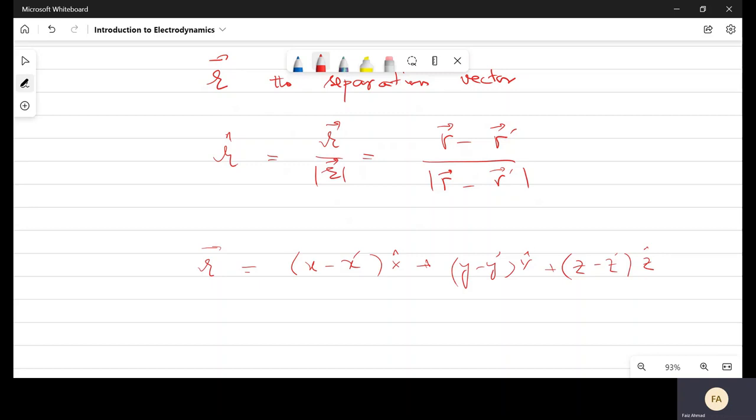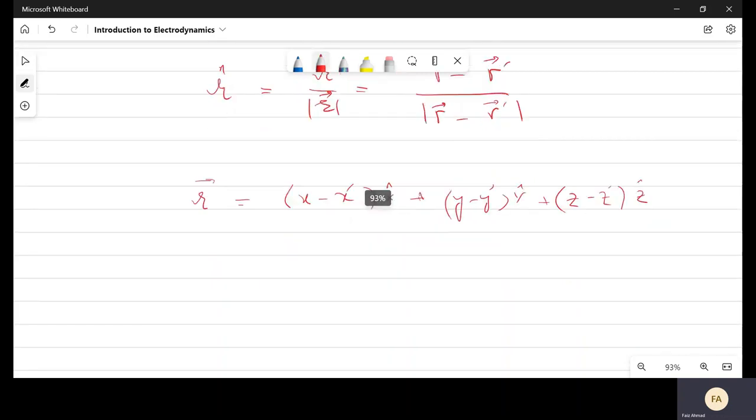And the magnitude will be the square root of x minus x prime squared plus y minus y prime squared plus z minus z prime squared.